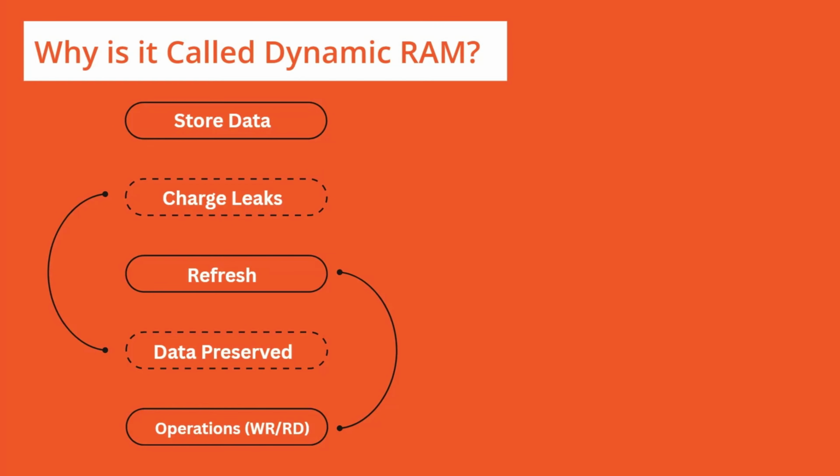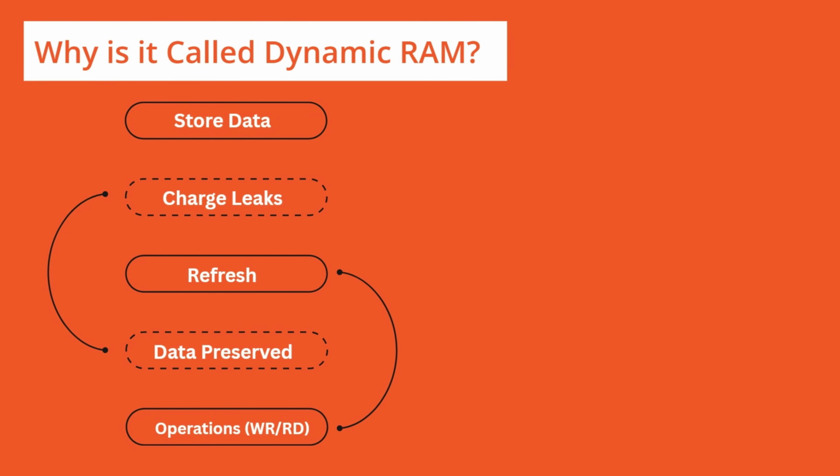Imagine filling a bucket with water that has a tiny hole at the bottom. Even if you don't touch it, the water level will gradually decrease. The same thing happens inside a DRAM cell. If you don't do anything, a stored 1 may eventually become a 0, and that would mean losing data.